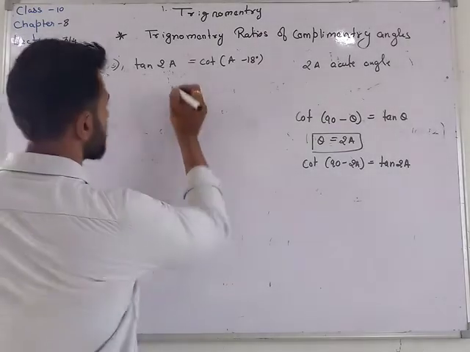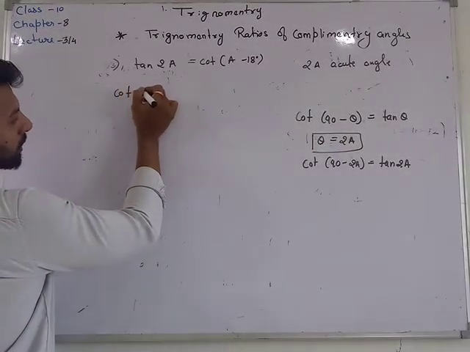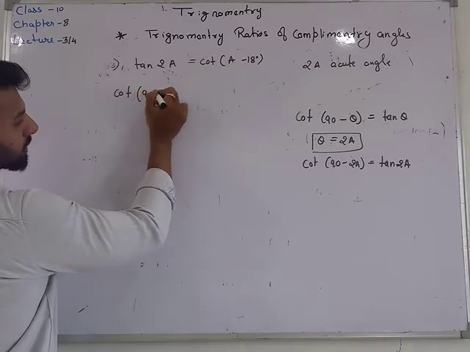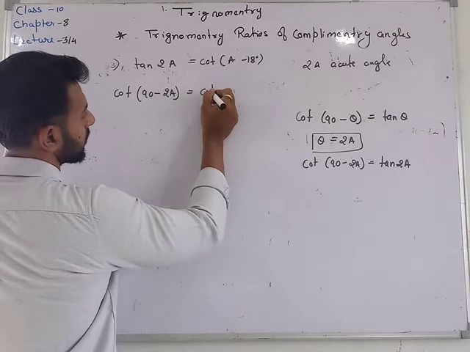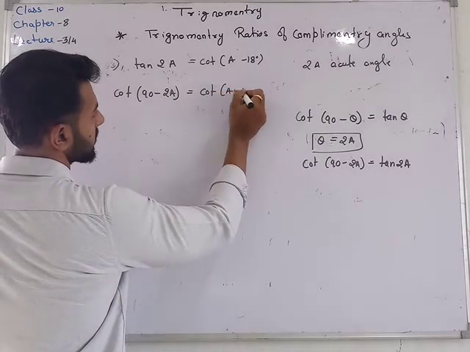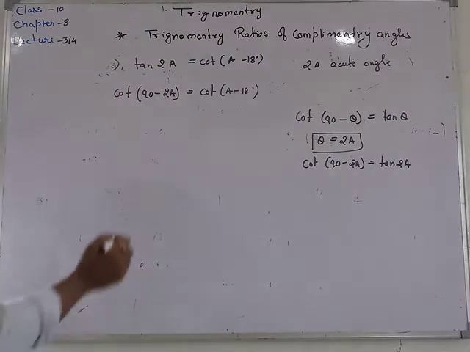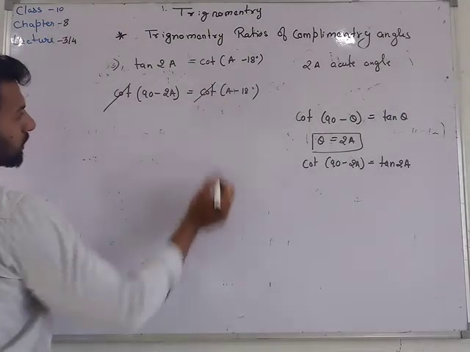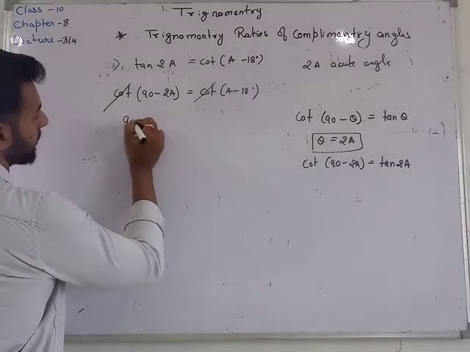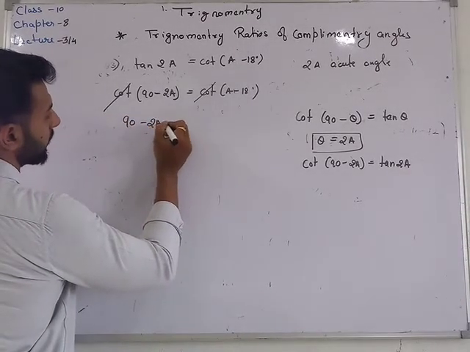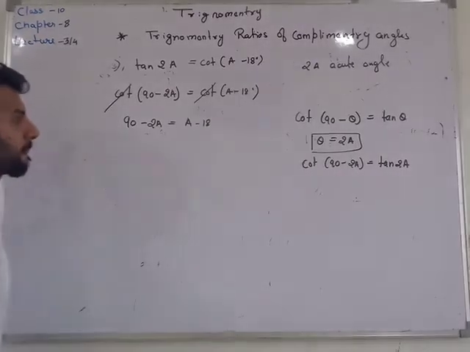Now substituting this value, cot 90 minus 2a is equal to cot of a minus 18 degree. This cot cancels out with this cot. So 90 minus 2a is equal to a minus 18.